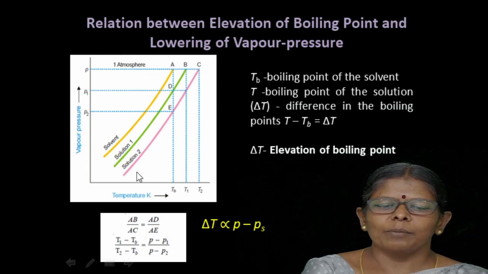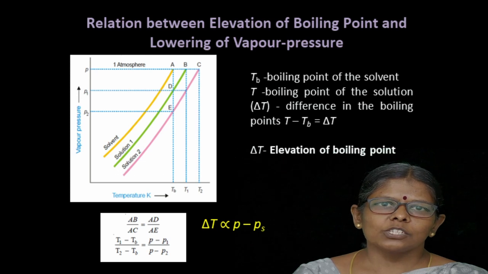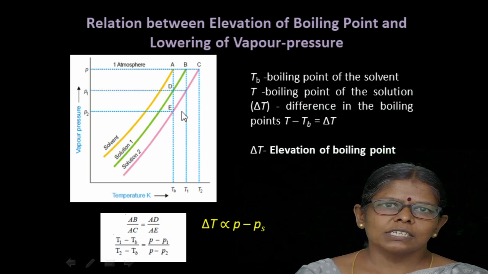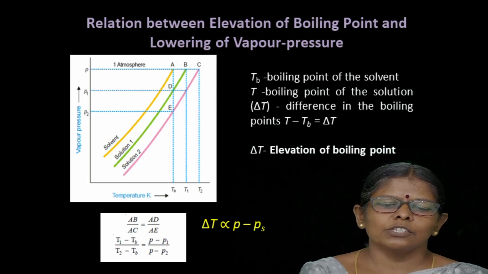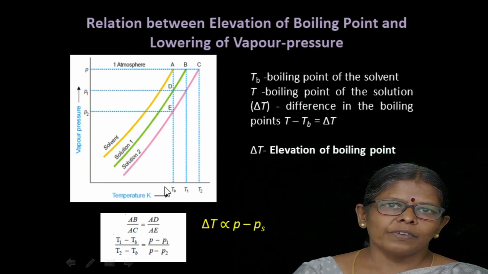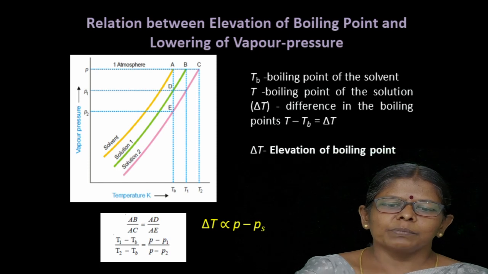But when you come to a dilute solution, adding a little amount of solute into the solvent, that solvent now becomes the dilute solution. On adding the solute, the vapor pressure lowering takes place, so it requires more temperature in order to raise the vapor pressure. As soon as the vapor pressure reaches the atmospheric pressure, solution 1 begins to boil.